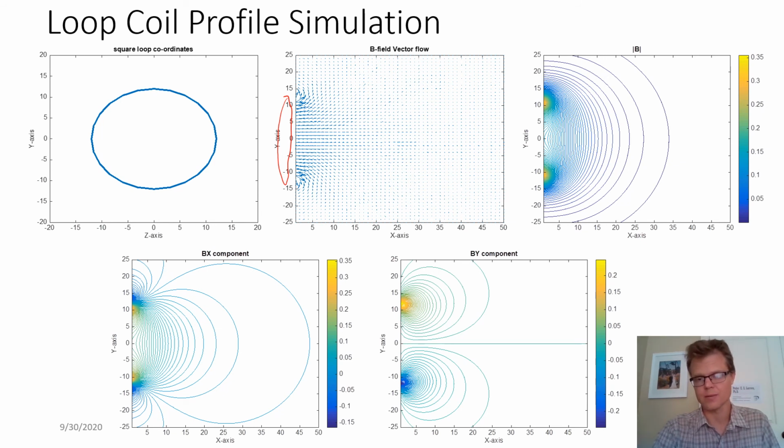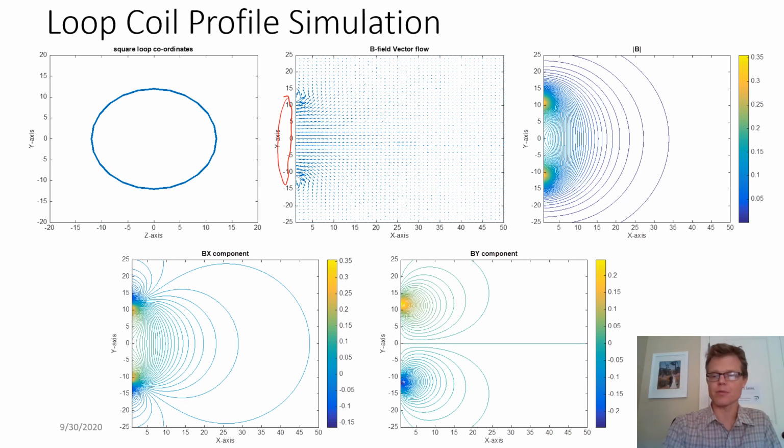Recall from the beginning, the magnetic field is a vector field. It has a direction and an amplitude existing everywhere in space. These vectors are larger closer to the coil and become much smaller further away, and particularly near the wire itself, they tend to have more of a divergent pattern, with more and more angle to them.